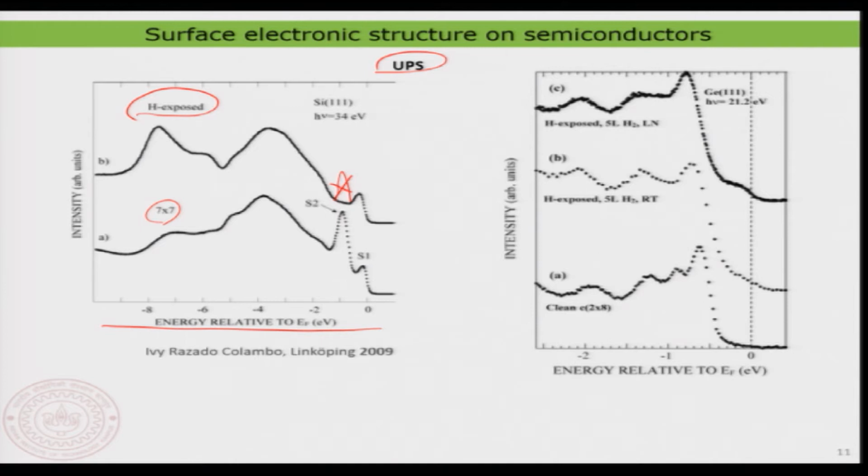So, the surface is saturated, and therefore you kill the surface state S2. But S1 comes from a silicon atom sitting a little bit inside and not on the very first layer, and therefore that is not affected. So, it persists, but the other one is killed just because of the hydrogen passivation.